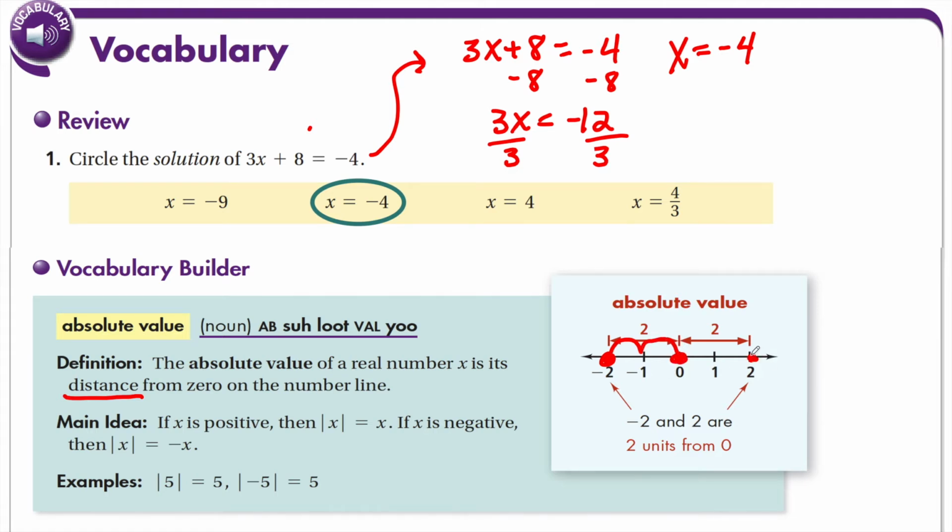The distance from the positive 2 is once again 2 full units to get to that 0 as well. Therefore, since negative 2 and 2 are 2 units from 0, the absolute value of negative 2 as well as the absolute value of 2 will also be a positive 2. So no matter what, it will always stay positive.